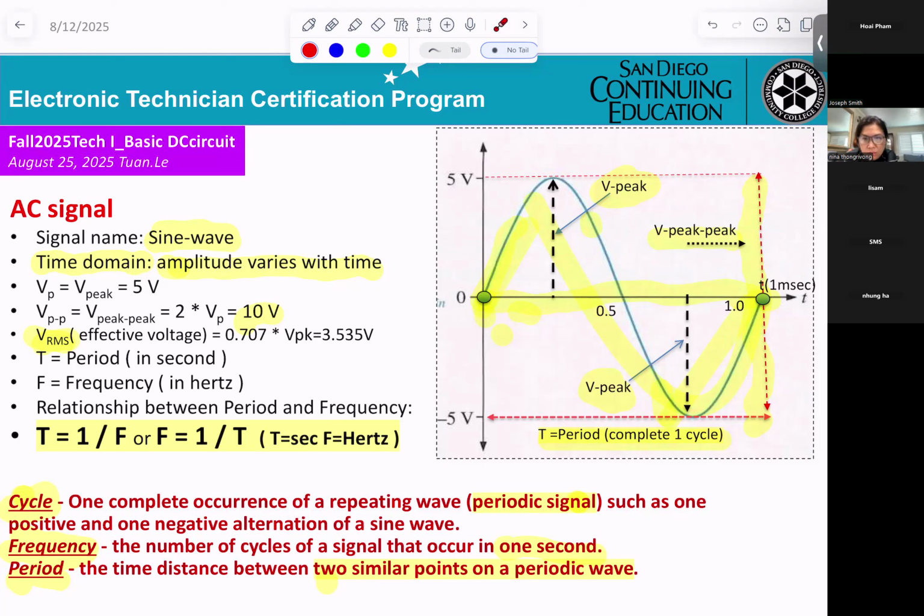That's VRMS, the voltage we're using. And VRMS, the effective voltage, you can calculate by the formula 0.707 times V peak. That's how you get VRMS.